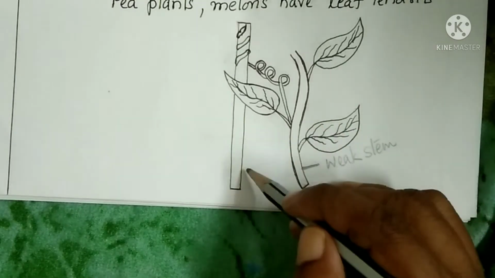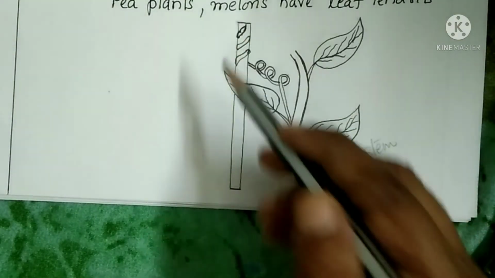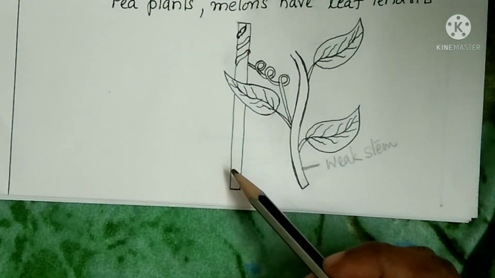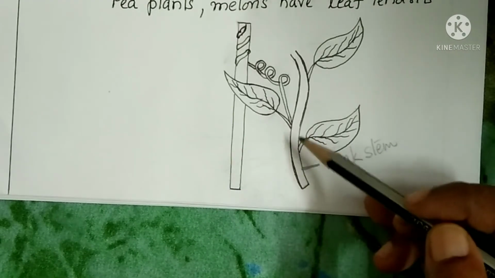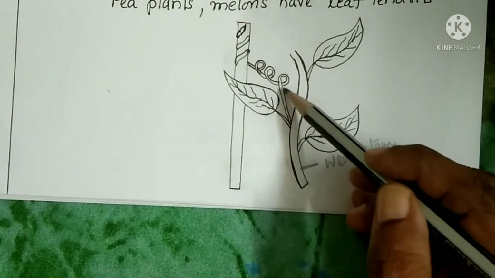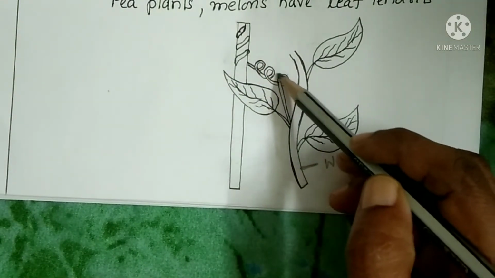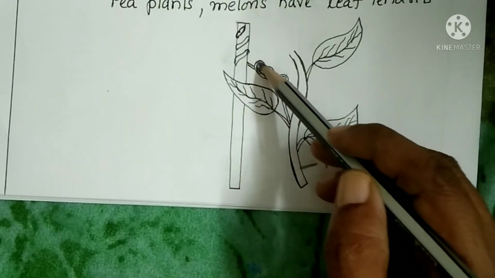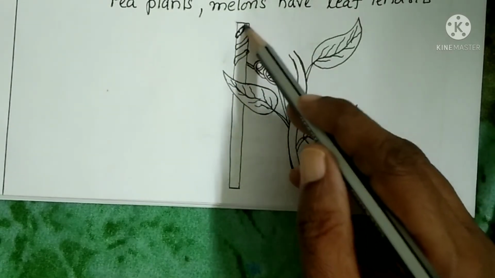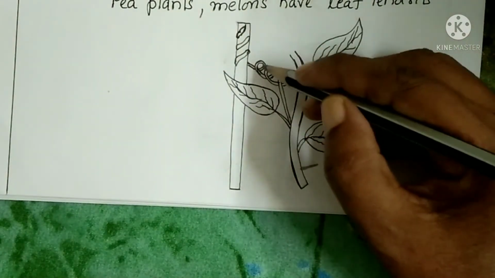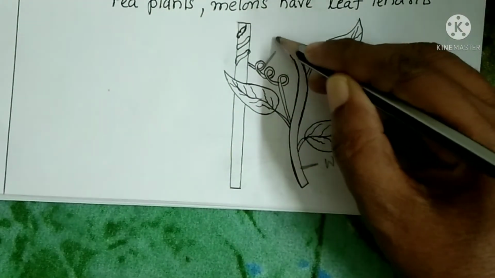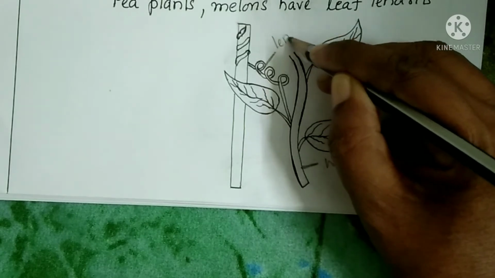So what they do, this is a support, maybe a stick or bamboo or any other plant also it can be. Here from the stem there is a spring like structure. You see here it is helping the plant to climb on the other plant. So this spring like structure is called tendrils.